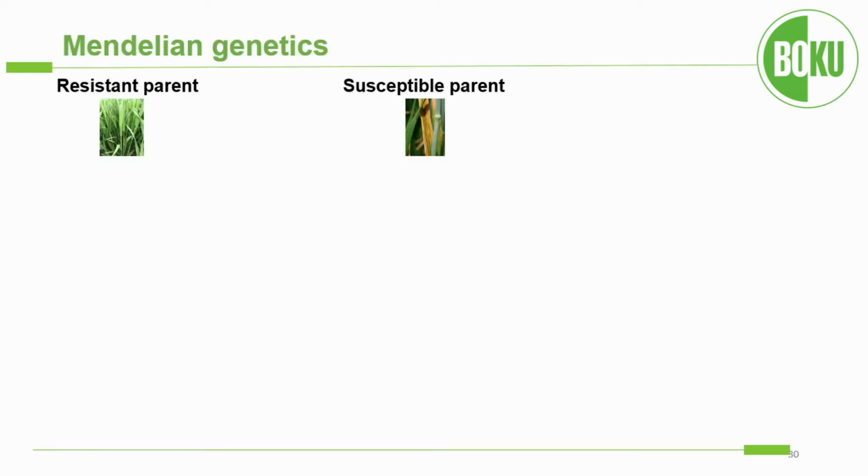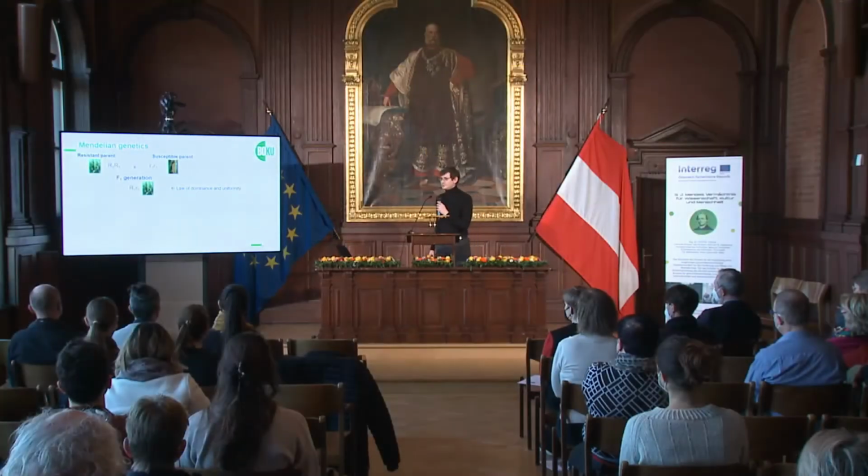To have a look into these patterns, one would conduct a very classical experiment, quite similar to what Mendel has done. We cross a susceptible and a resistant parent, and let's say there's just one gene behind the resistance in this example. Looking at the F1 generation, based on the law of dominance and uniformity, they would all be resistant.